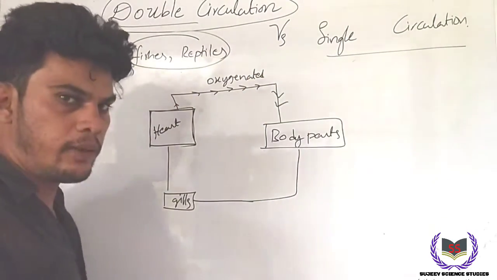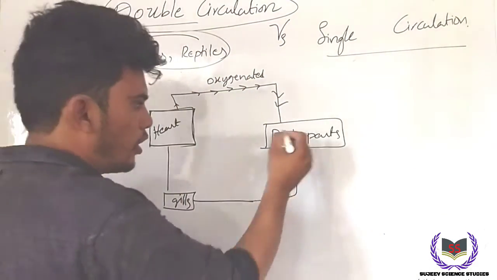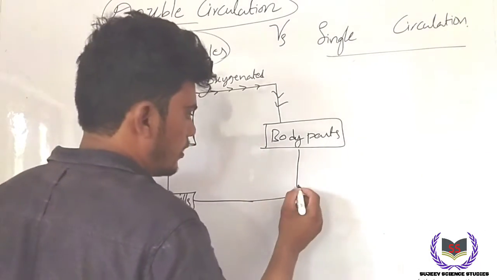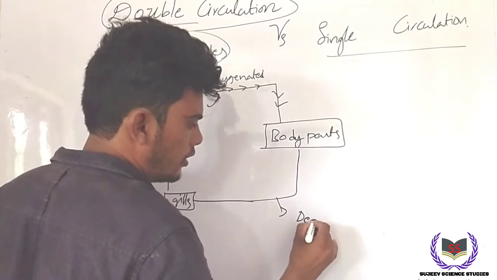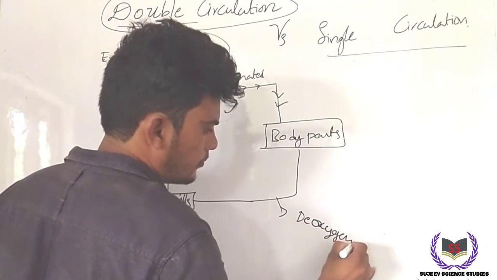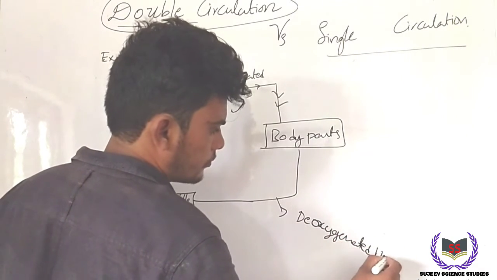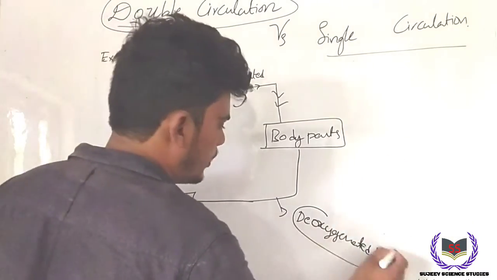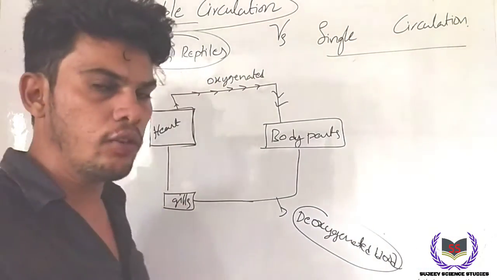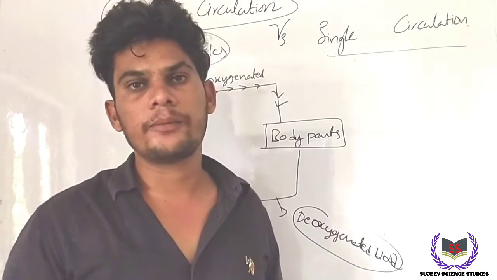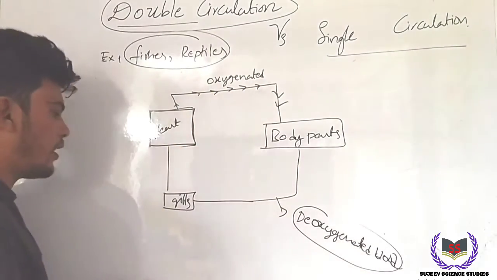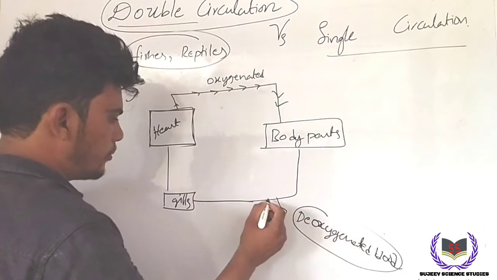Then this oxygenated blood is utilized by the body parts and becomes deoxygenated blood. This deoxygenated blood goes to the gills because they don't have lungs. In fish you cannot observe lungs, so they have gills instead of lungs.